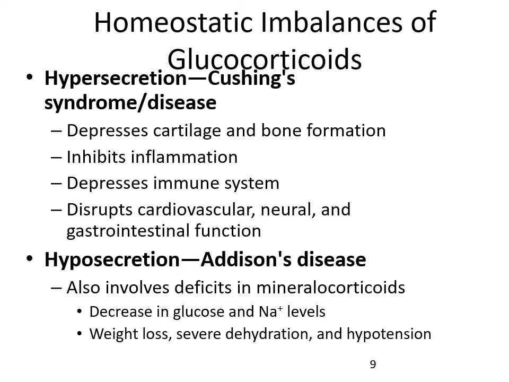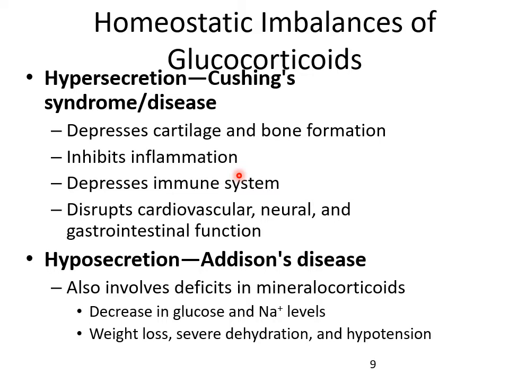So homeostatic imbalances of glucocorticoids, primarily cortisol: hypersecretion of these steroid hormones results in Cushing's syndrome or disease. So because of the effects of cortisol and gluconeogenesis and breaking down the proteins, it depresses cartilage and bone formation, inhibits the inflammatory response.